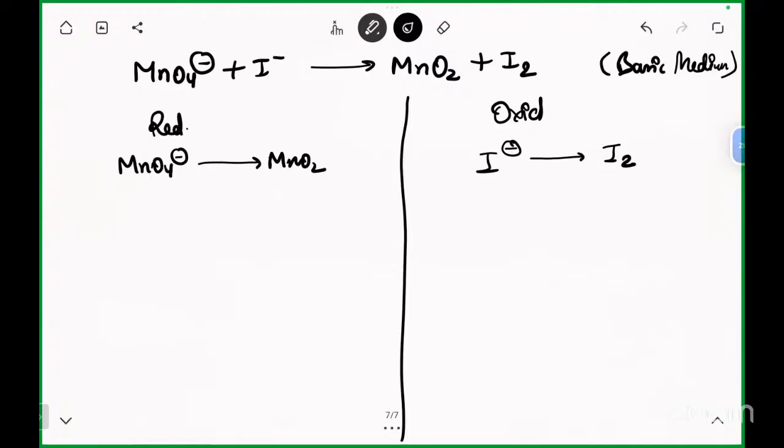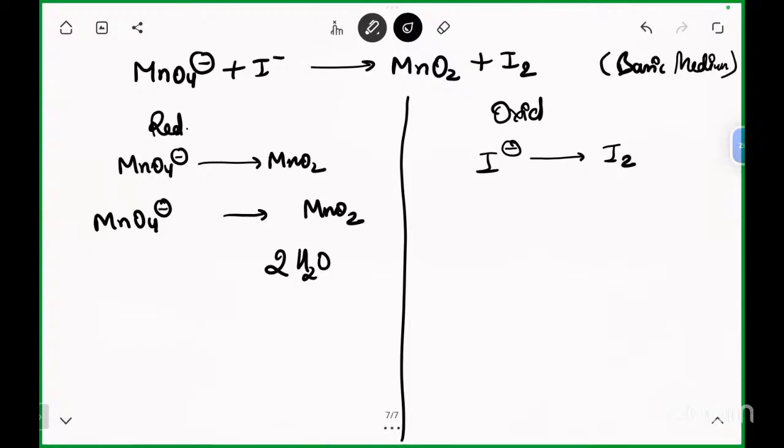First, in this particular reaction, we'll do oxygen balancing. MnO4 negative is converting into MnO2. On the right hand side we have two oxygen, on the left hand side we have four oxygen. So where the oxygen is less, just add water. It's still not balanced, so you write 2. Now the oxygen is balanced.